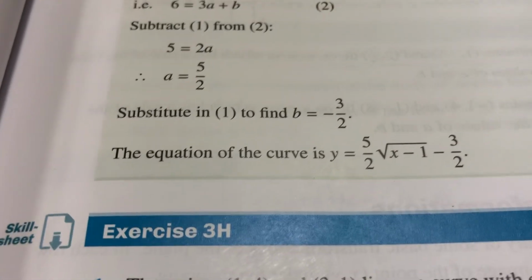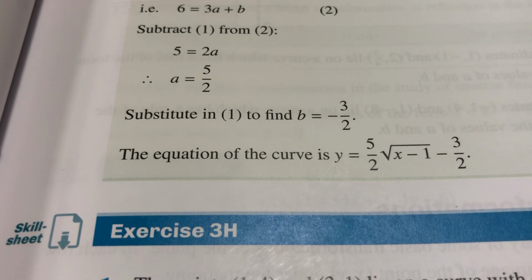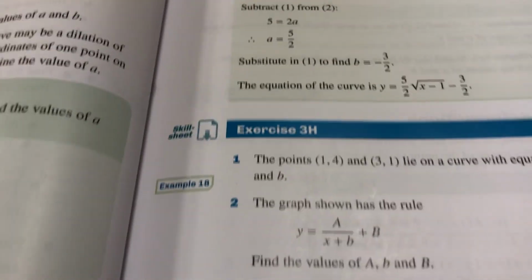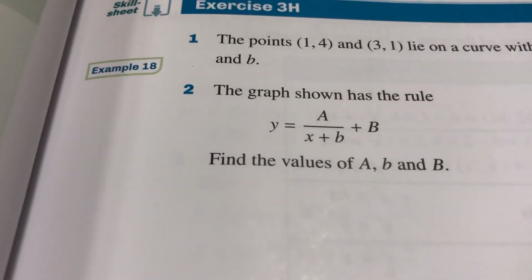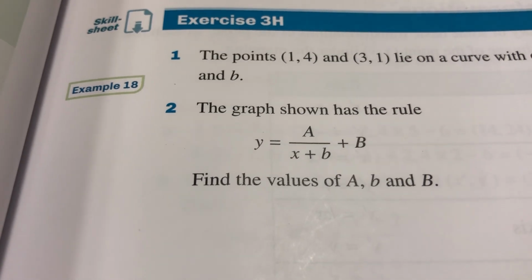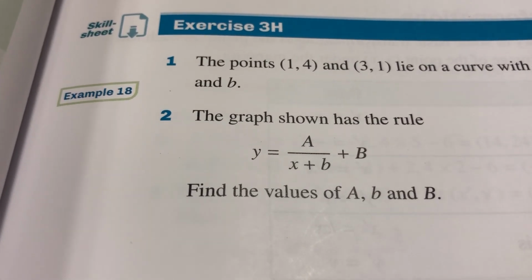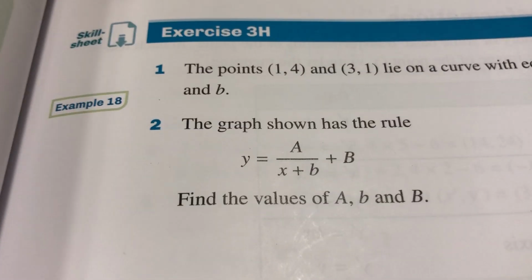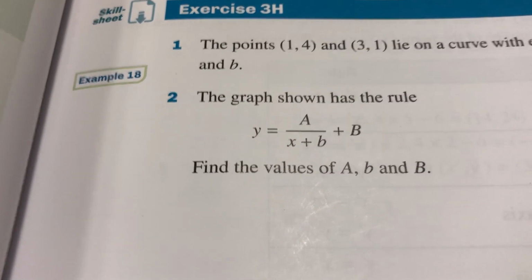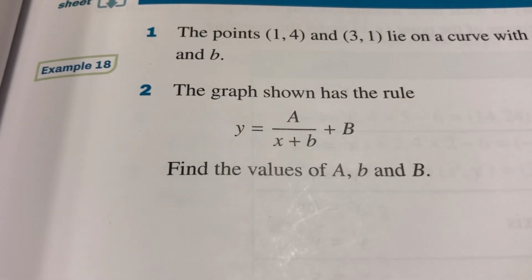One question that I wanted to go through with you today is in the class. I'll give this one a try first. The graph shown has the rule y is equal to a over x plus b, plus capital B. It's a bit confusing that they use b twice, but we just have to keep track of when we're using capital and lowercase b.